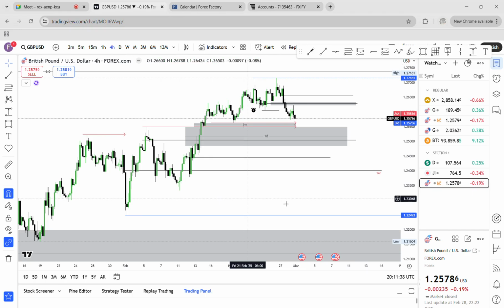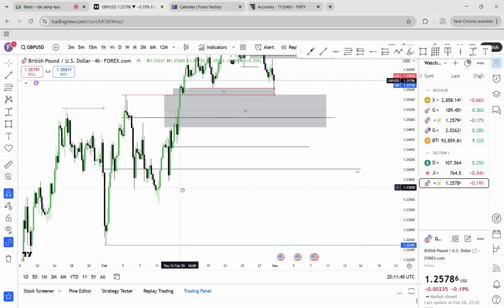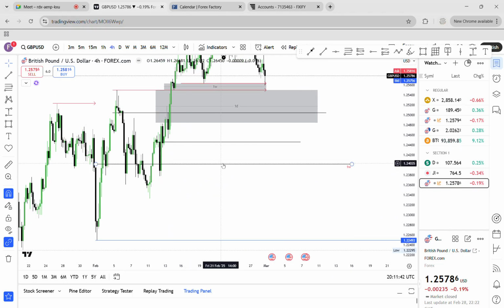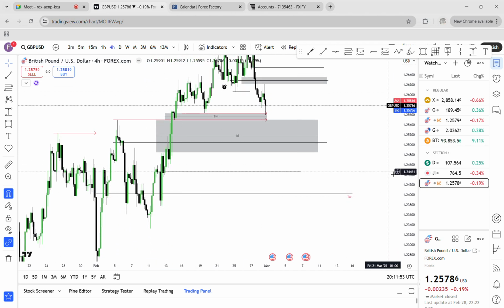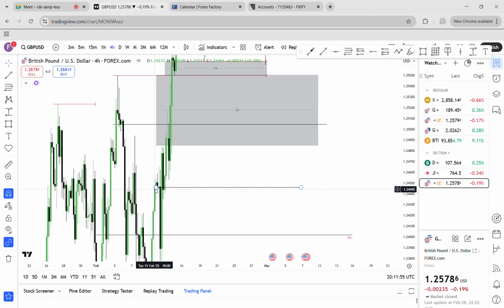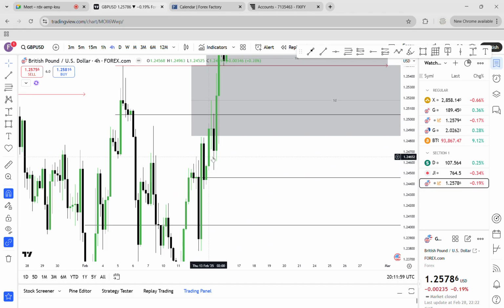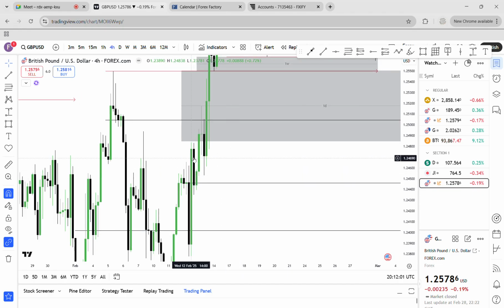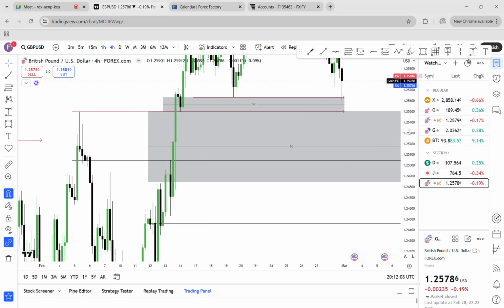So we have to look at this whole area very well. This level, you can see we rebalance this area. This area will rebalance this area as well. So this is where price is at right now. This area is also balanced. When we created this area, we filled this area to push price higher and rebalance this inefficiency.